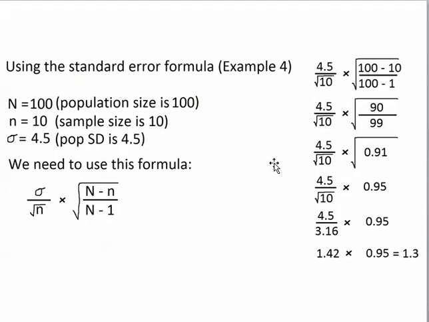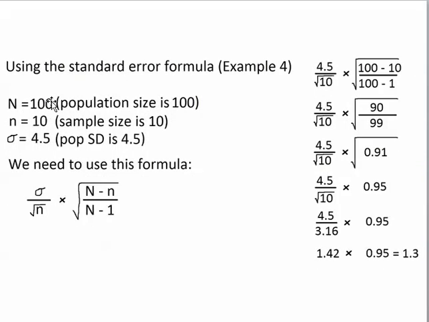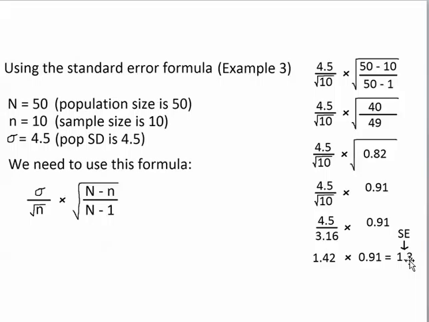Here's an example with a different population size. So now, instead of the population having 50 people, it has 100 people, and this would now be 1.3.